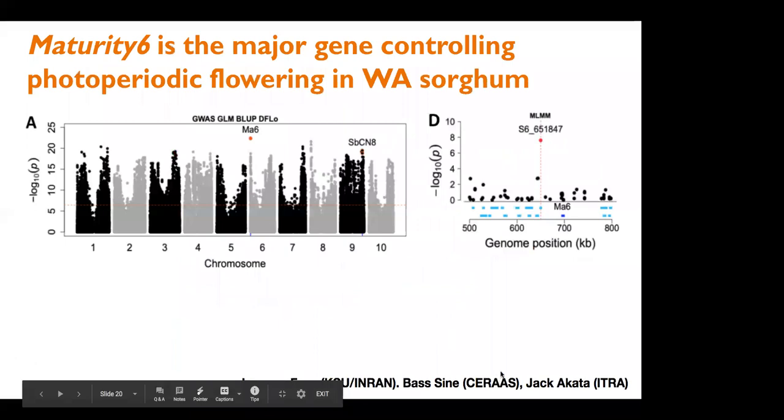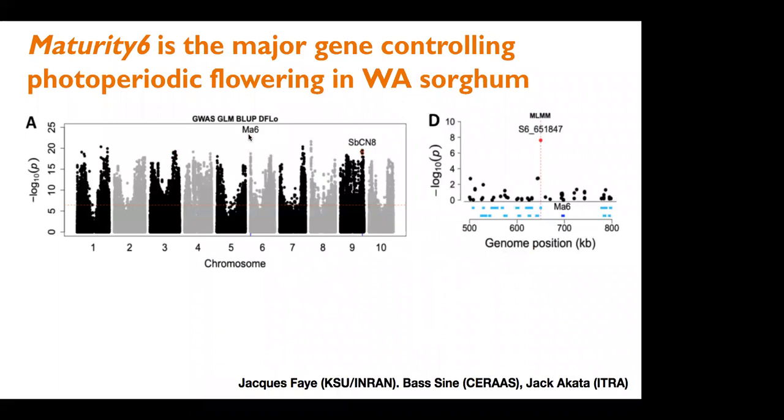These are some results from Jacques Fay based on the phenotyping data from Bas and Jacques Akata in phase 1. Jacques Fay has now clearly demonstrated that maturity 6 is the major gene controlling photoperiodic flowering in West African sorghum.